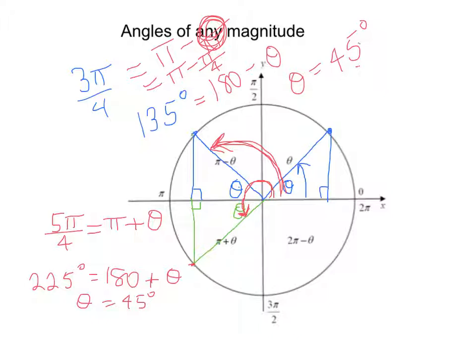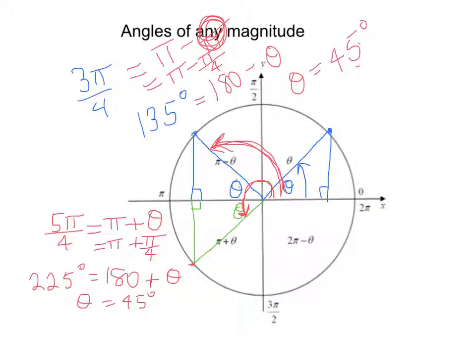You have a whole pi, plus you have to add another quarter pi to get 1 1/4 pies, because 5 pi on 4 is 1 1/4 pies. So it'll be like that. You can see then the angle there is going to be theta again.